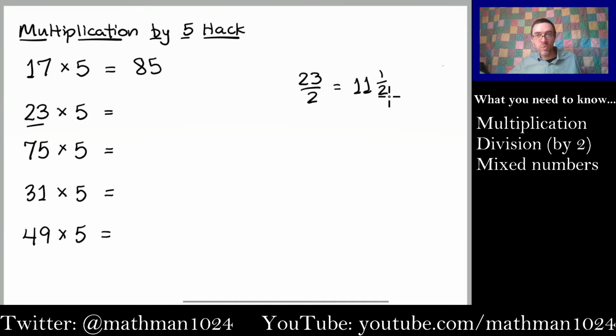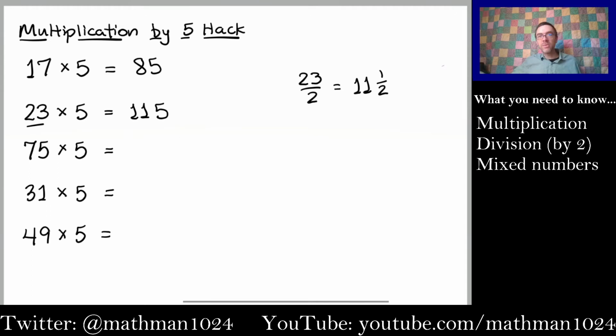So think about that 1/2. That's going to be the 0.5. So it goes in 11 whole times, and there's that 0.5. But because we're scooting the decimal, there's not going to be a decimal, because it would have started here and you would have moved it right there to make that 115. So our answer is just 115.